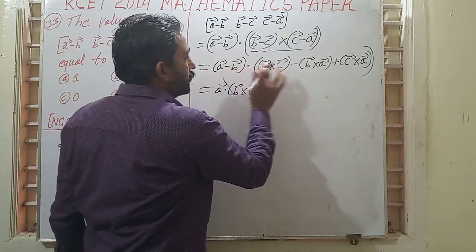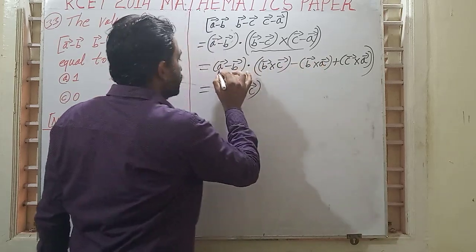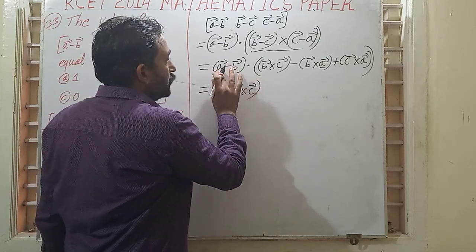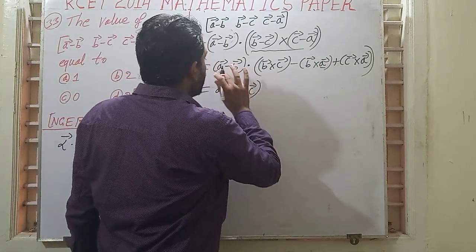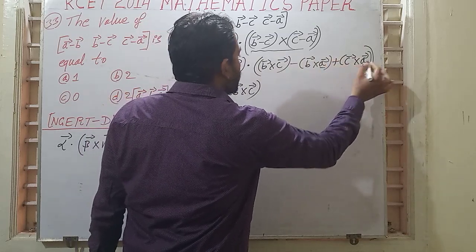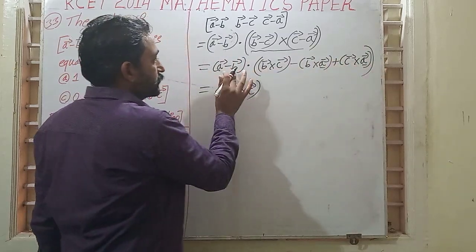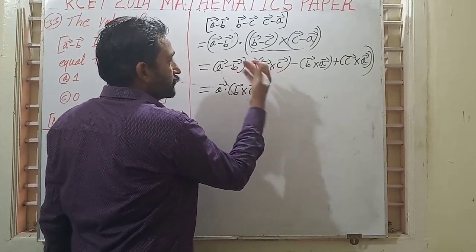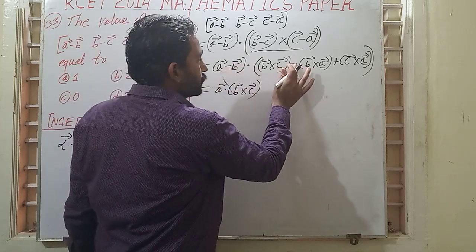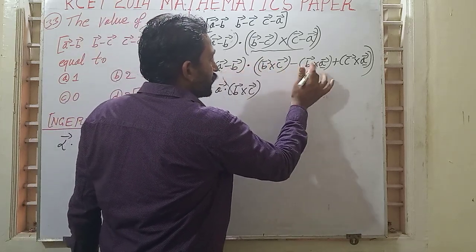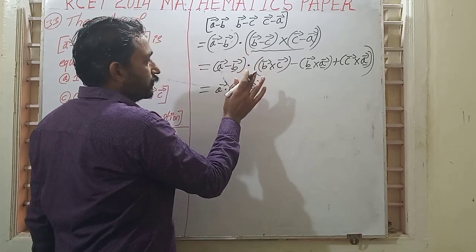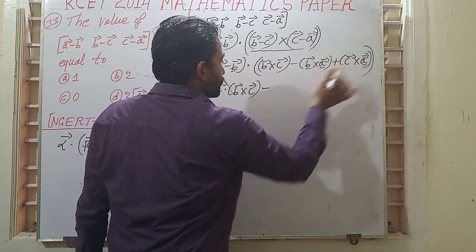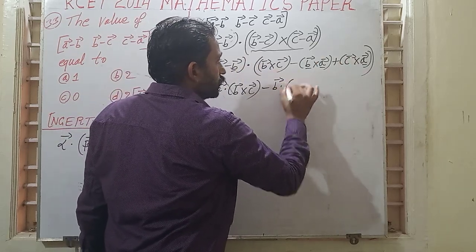Next, A dot B cross A: A is repeated 2 times, the value becomes 0, so we cannot write it. Next, A dot C cross A: again A is repeated 2 times, value 0. Next, B dot B cross C: B is repeated 2 times, value 0. Next, B dot B cross C: also value 0, cannot write.